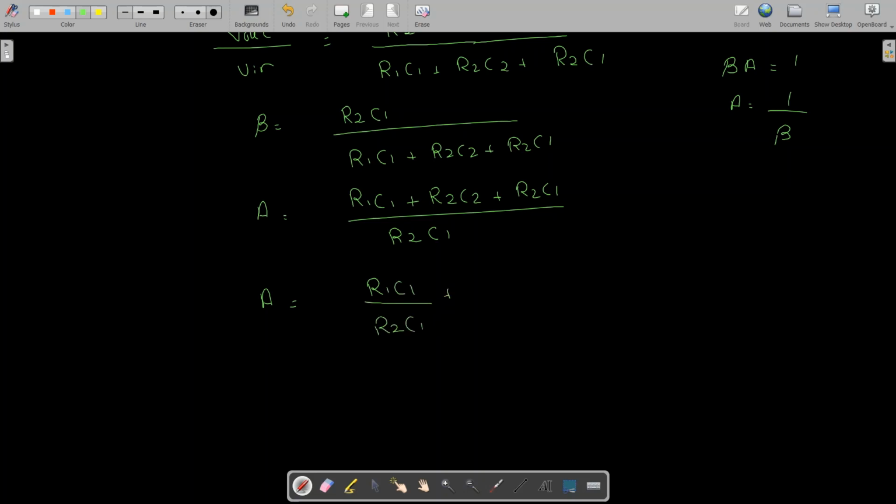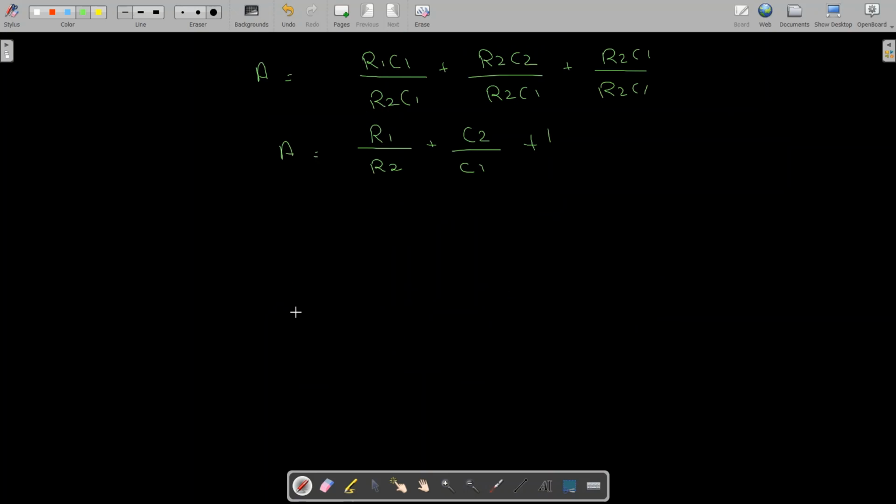Let me divide it by the R2 C1 terms. A is equal to R1 C1 divided by R2 C1 plus R2 C2 divided by R2 C1 plus R2 C1 divided by R2 C1. So C1 and C1 are going to be cancelled out, and we have R1 divided by R2 plus C2 divided by C1 plus 1.